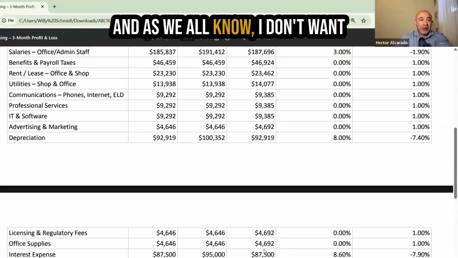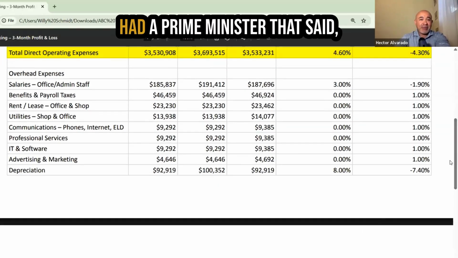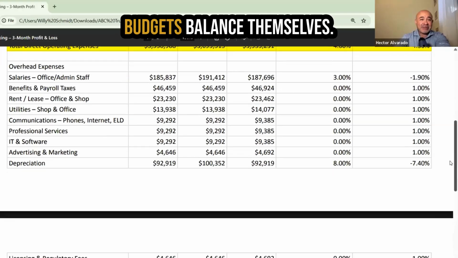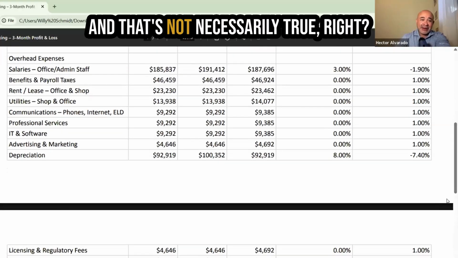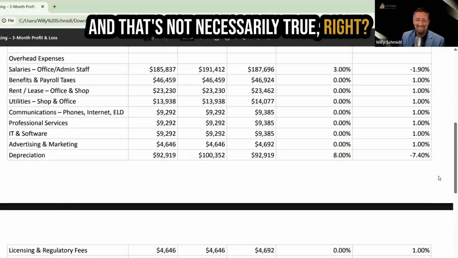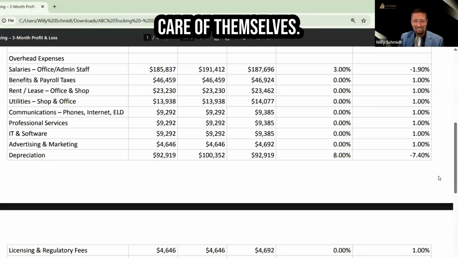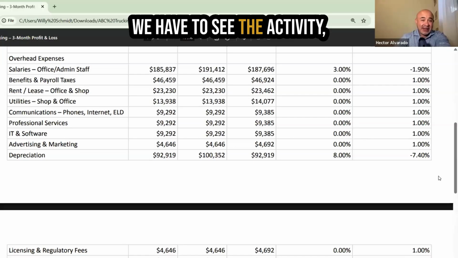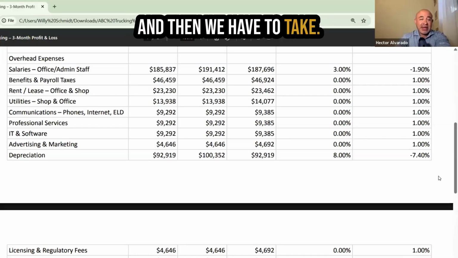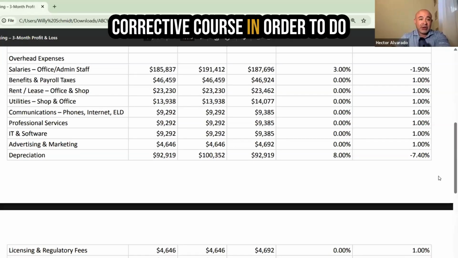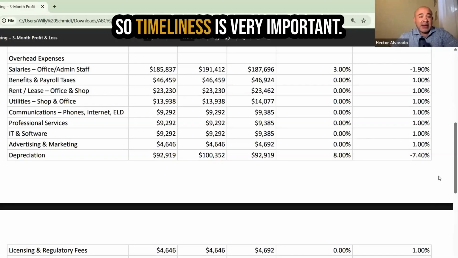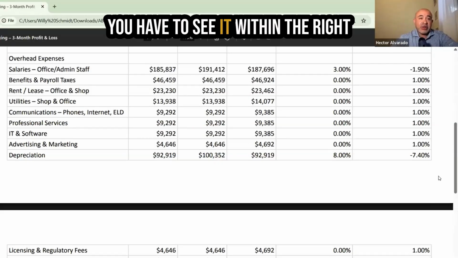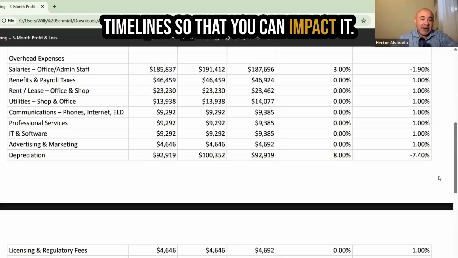And as we all know, I don't want to get political, but we all have had a prime minister that said budgets balance themselves. And that's not necessarily true, right? P&Ls don't take care of themselves. We have to manage them. We have to see the activity, and then we have to take the corrective course in order to do so. Timeliness is very important. You have to see it within the right timeline so that you can impact it.